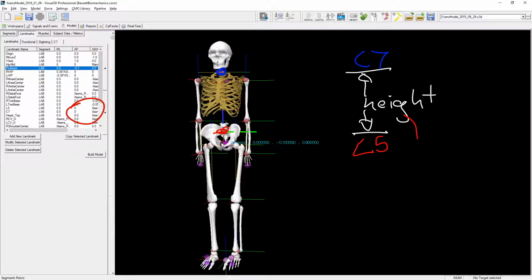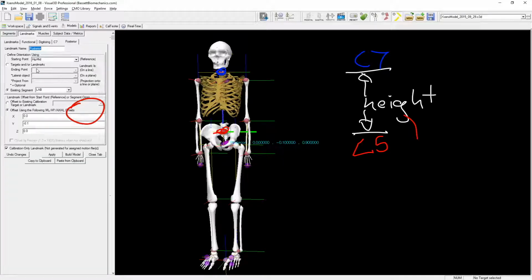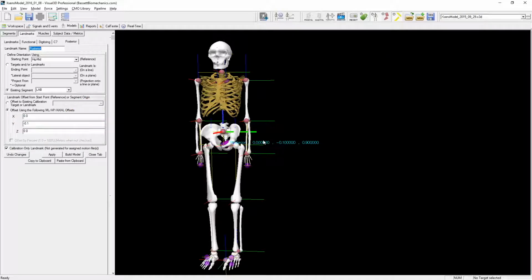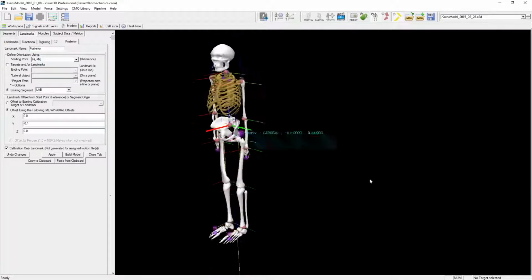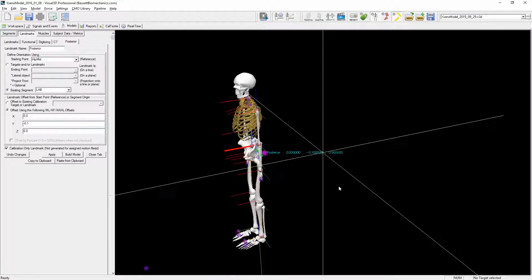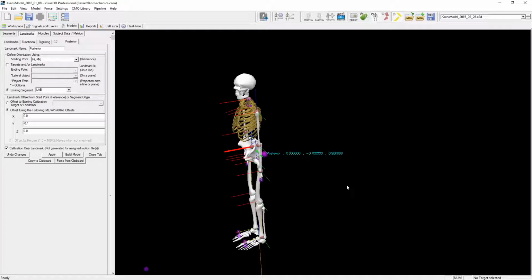See, it's based on the hip mid marker again, and it's simply in the posterior direction, negative 0.1 in the Y. So that gives us that orientation, and that fully defines each individual segment.